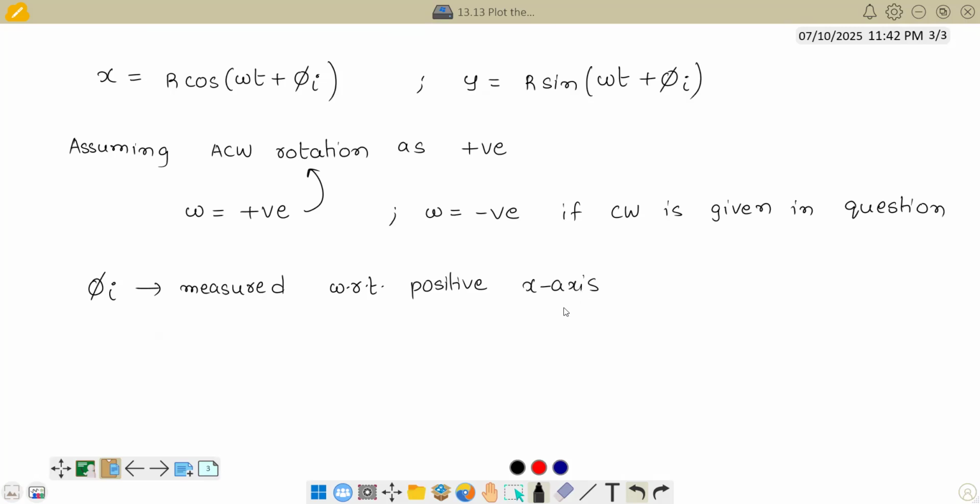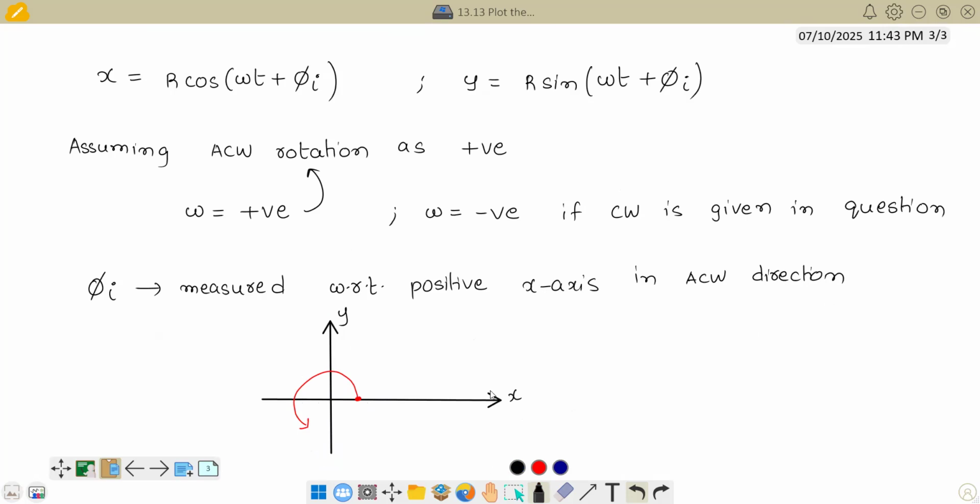That means if this is my coordinate axis that we have taken, x and y, you should always start the angle from here and keep on traveling anti-clockwise till you reach the desired position of the particle. So you should always measure the angle from the positive x-axis in anti-clockwise direction only. So this is the first thing that you should know.